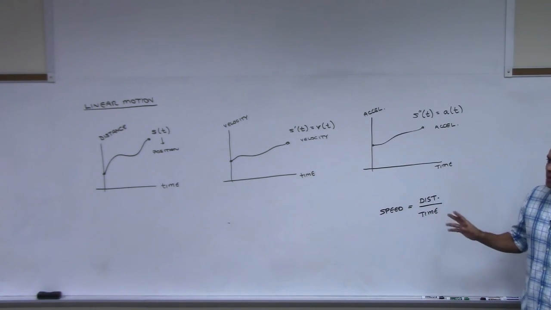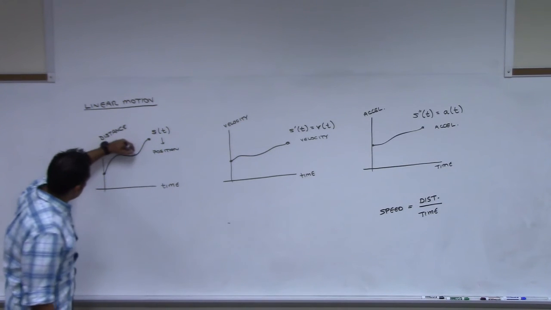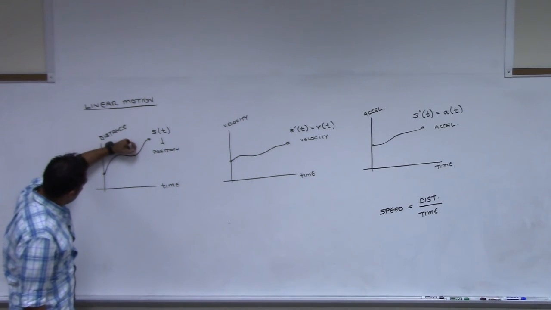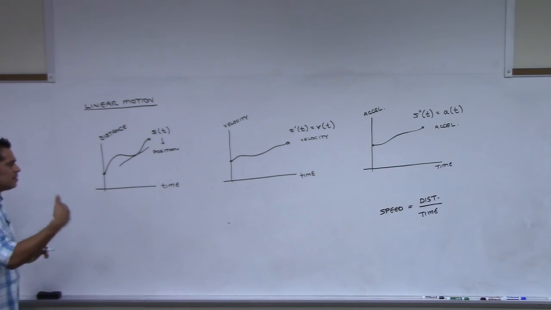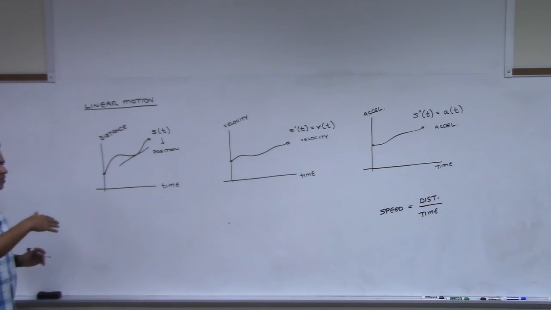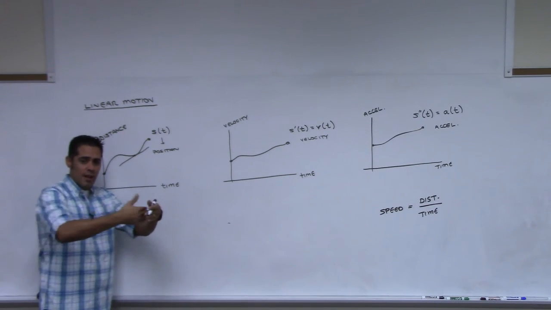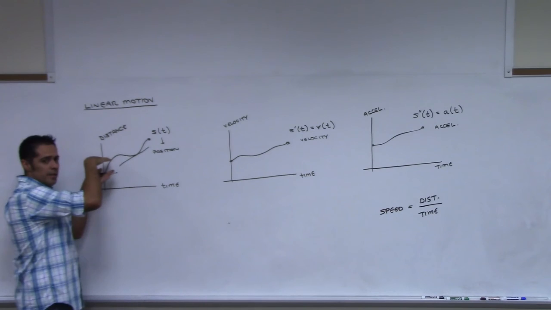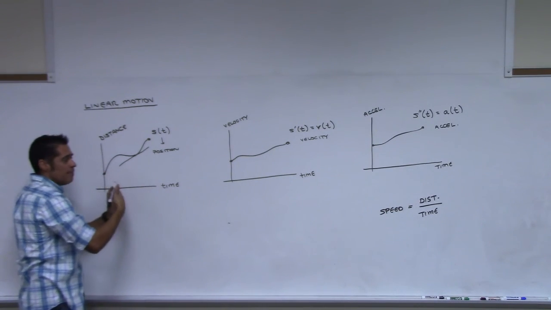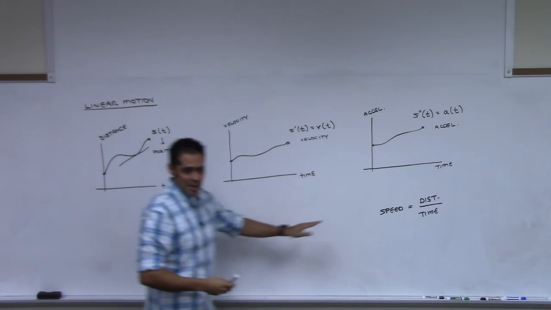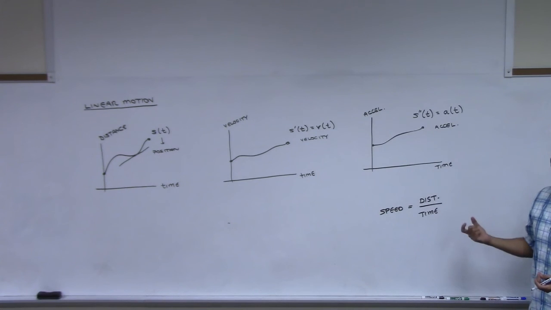So when you take a derivative, like taking the slope of a tangent line, it is your change in y divided by your change in x. Now, what's y measured in? Distance. So it's your change in distance divided by your change in time, which is exactly speed. So the derivative of position gives you velocity.